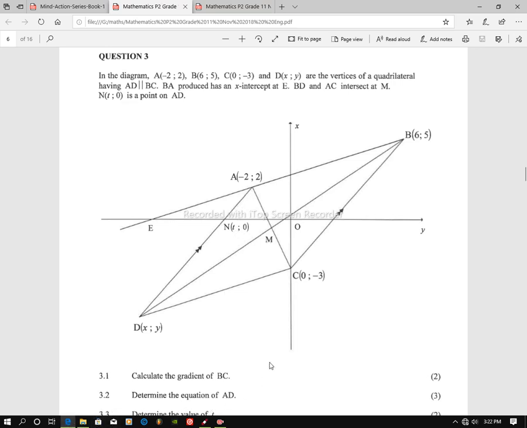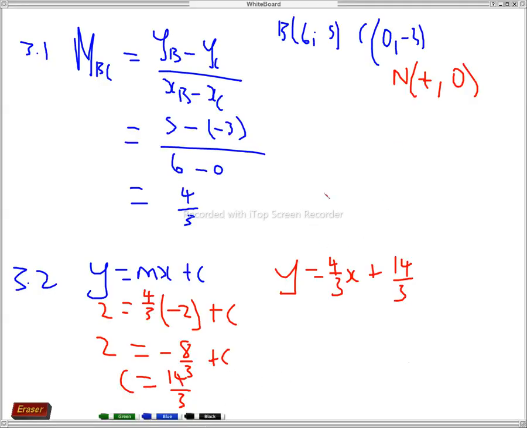So let me go to the board, to this same equation from 3.3. I'm just going to say y is equal to 4/3 t plus 14/3.